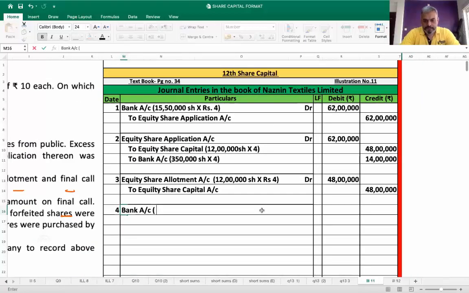So let's calculate: 12 lakh shares minus 8,000 shares, which is equal to 11 lakh 92,000, into rupees 4.